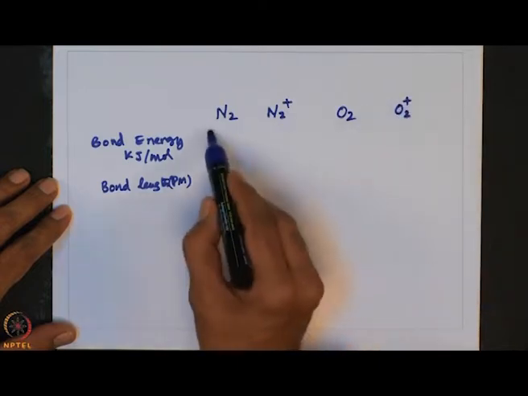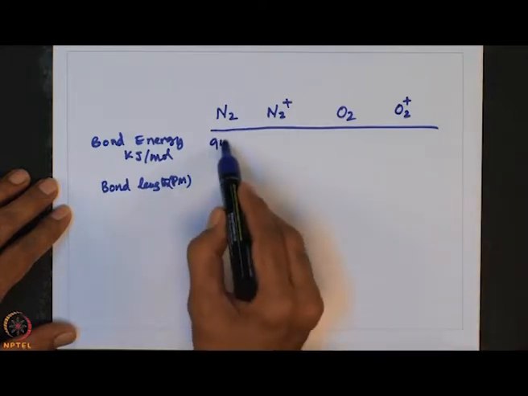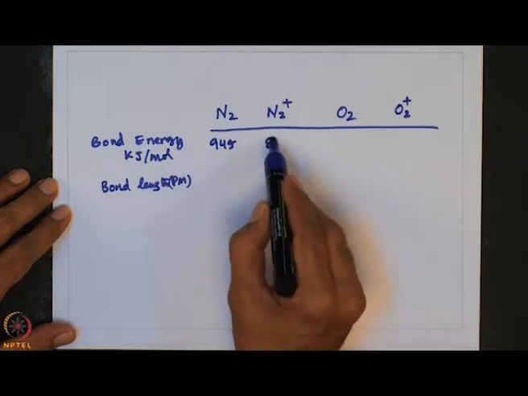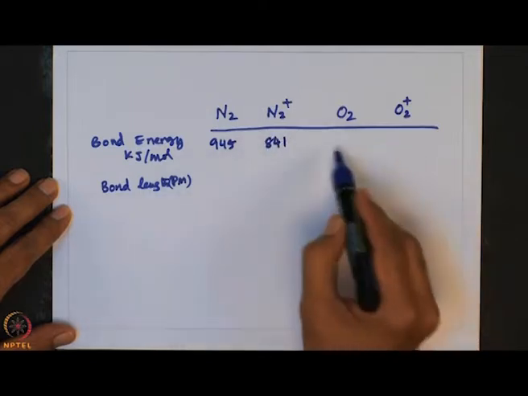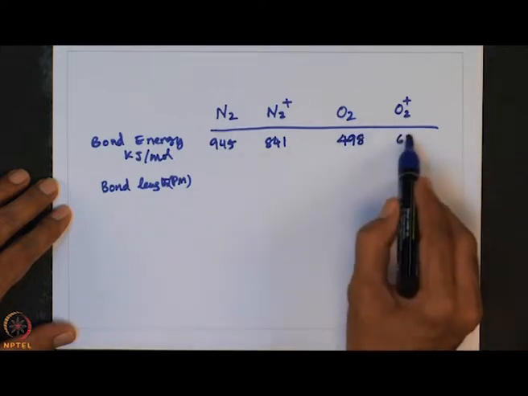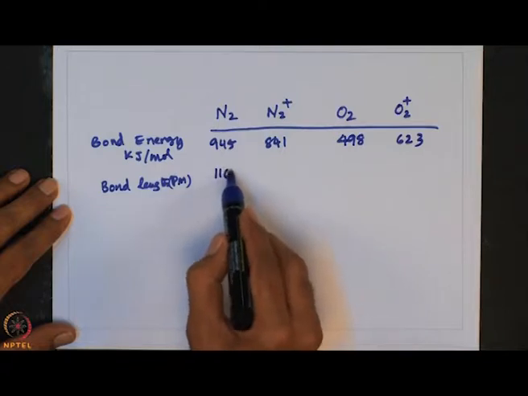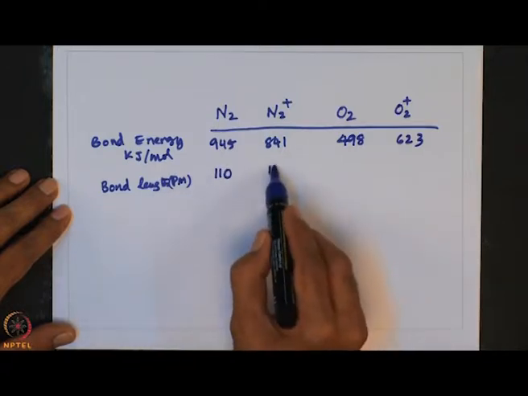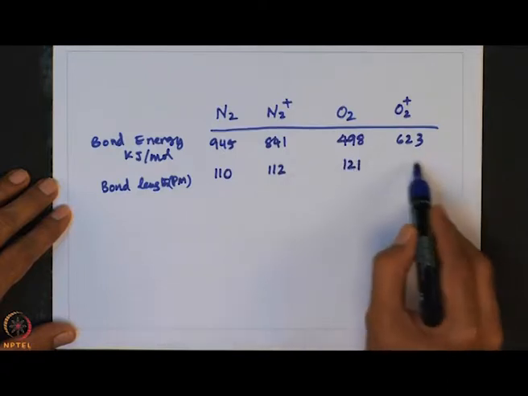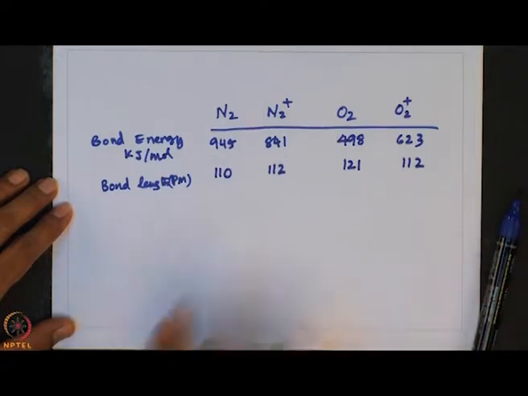Let us compare these parameters now. Let me start writing the values. It is 945 kilojoules per mole, and for this one 841, and then 498, and then 623. And the bond length, this is 110 picometers, and here it is 112, and here it is 121, whereas here 112. Okay.